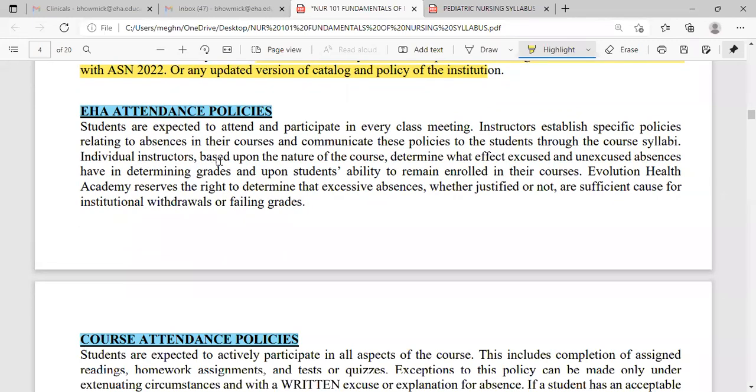Individual instructors, based upon the nature of the course, determine what effect excused and unexcused absences have in determining the grade and upon the student's ability to remain enrolled in this course. Evolution Health Academy reserves the right to determine that excessive absence, right? And whether justified or not, is also sufficient cause for institutional withdrawal or a failing grade.